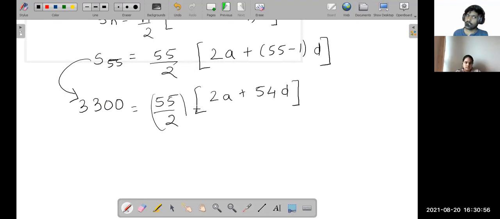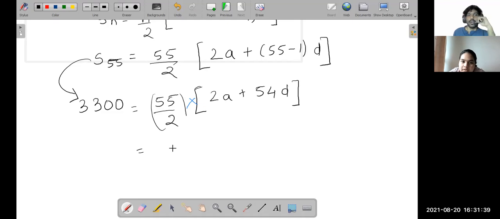Can we not cancel the 2s? There is a plus sign here. With the fraction, it's multiplication, no? You'll have to take it inside the bracket and then multiply. But this and this you cannot cancel because of this plus sign here. But the plus sign is after 2a, right? No, BODMAS rule.